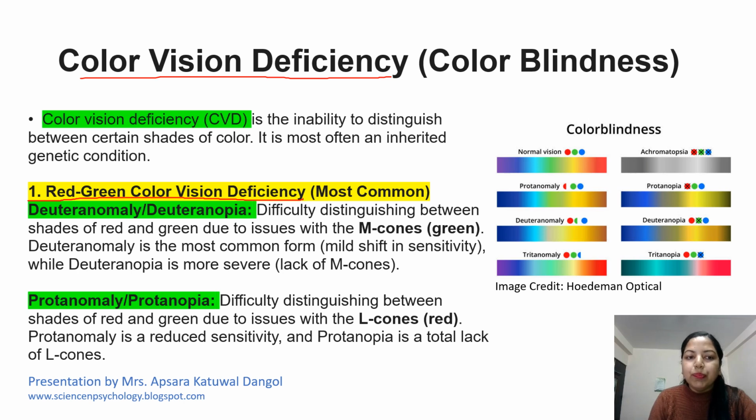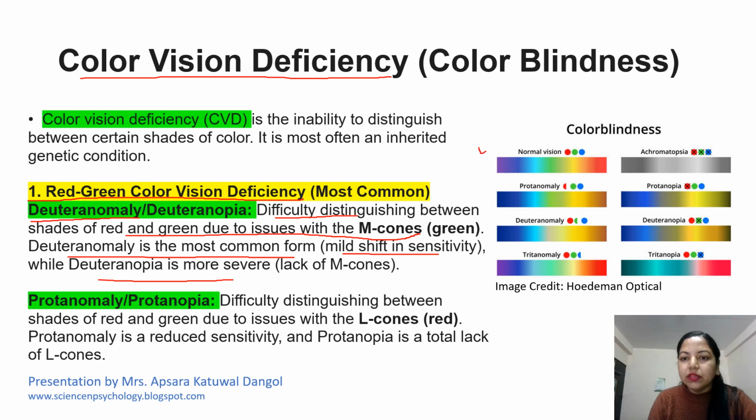It is very common, and deuteranomaly or deuteranopia is the difficulty in distinguishing between reds and greens due to issues with the M cones. Deuteranomaly is the most common form because it is a mild shift in sensitivity of the M cones, but deuteranopia is severe, that is, a lack of M cones.